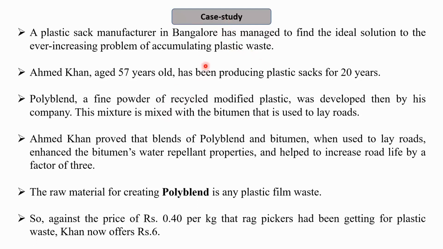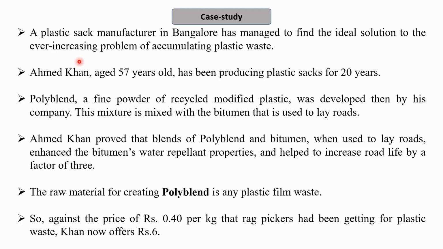So Ahmed Khan, aged 57, has been producing plastic sacks for 20 years. And Polyblend, a fine powder of recycled modified plastic, was then developed by his company. So their company basically developed a fine powder from the recycling of plastic waste, known as Polyblend. This is mixed with another material, bitumen, which is used to lay roads.